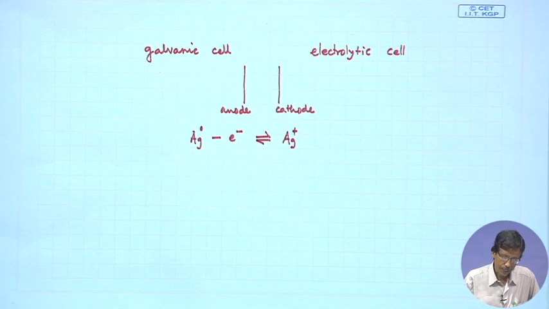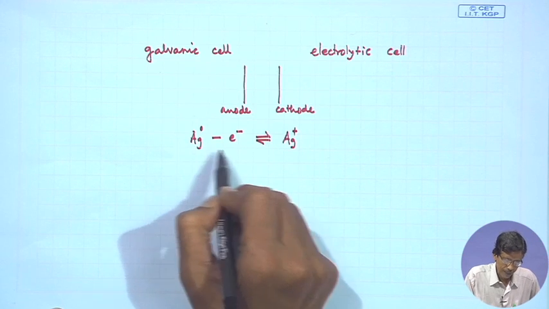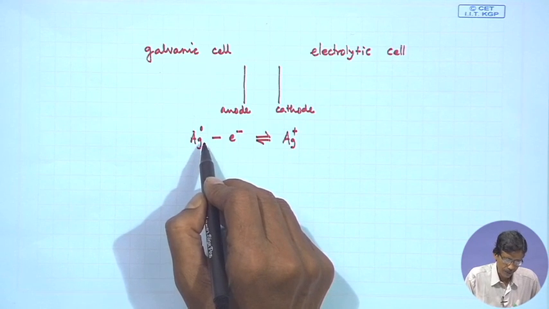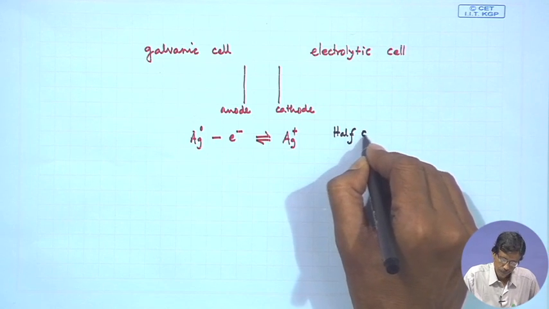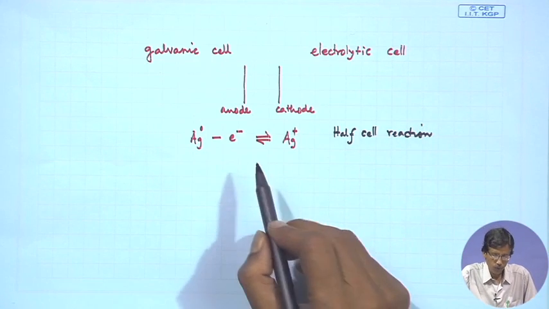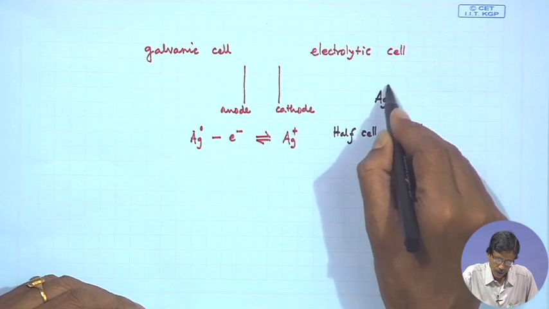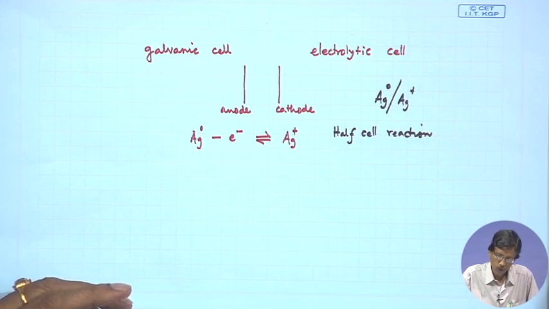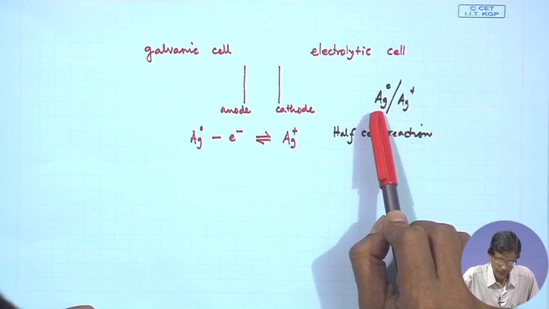If some condition can be applied such that you can reverse the reaction, we know that for a half cell reaction itself there is a natural tendency. If we consider silver 0 kept in the presence of silver ion, will the silver go for oxidation to silver ion, or will the silver ion accept the electron to give you silver in the metallic state?